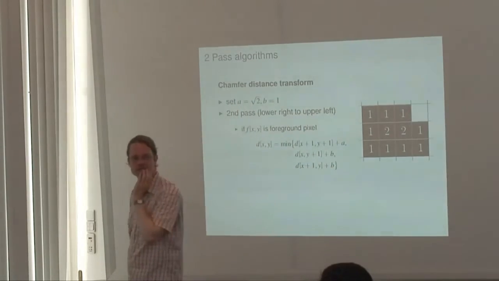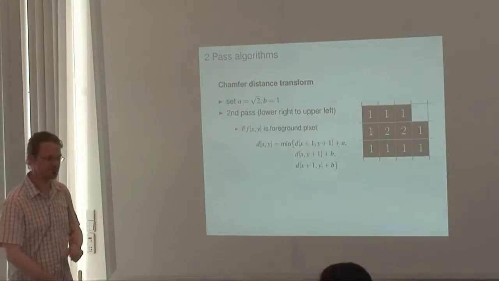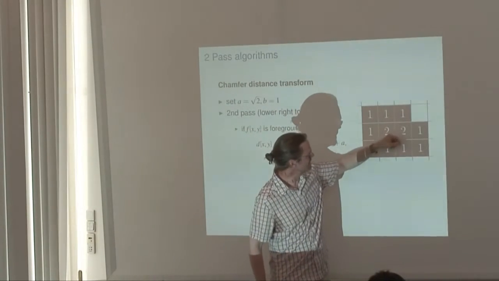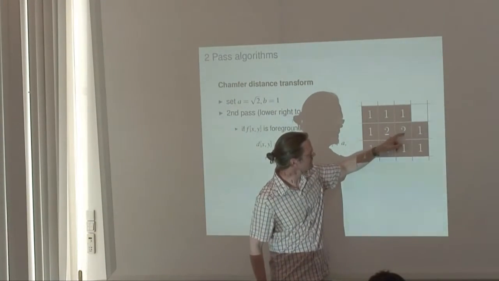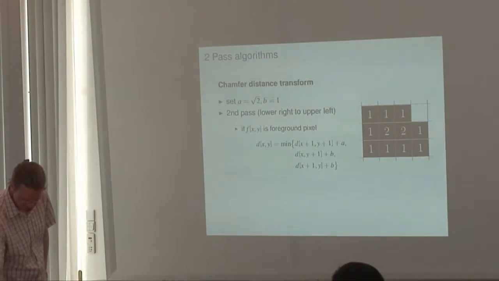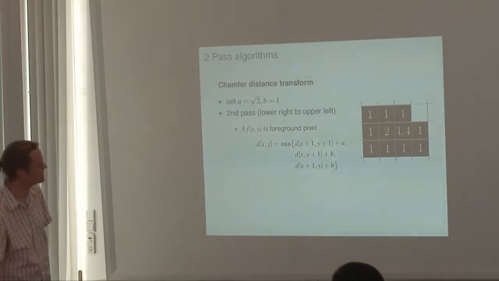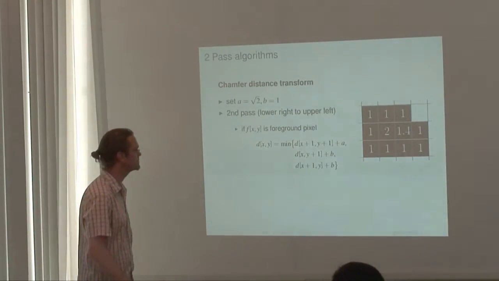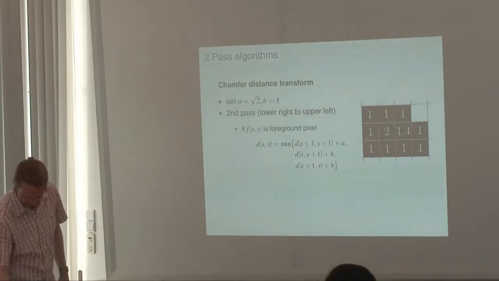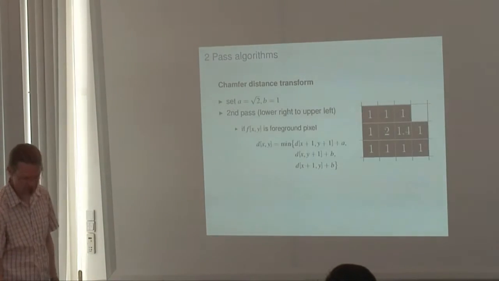Now it's actually square root of 2. Wait a minute, there's a slight mistake here. Anyway, it will become a square root of 2. I don't know whether I made a mistake there, but you get the picture anyway. The next one will stay at 2, and actually we're done.